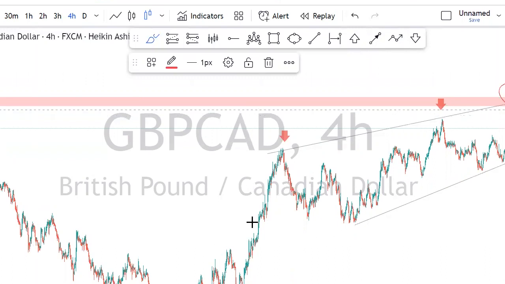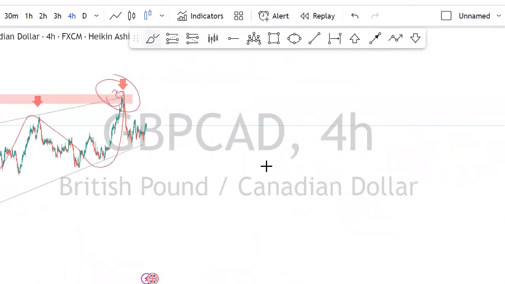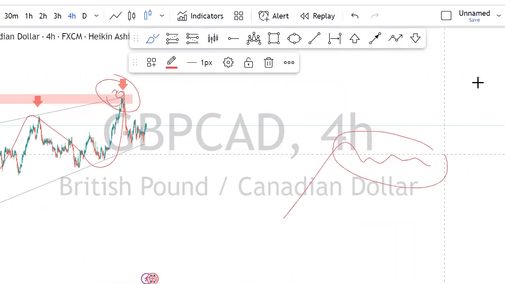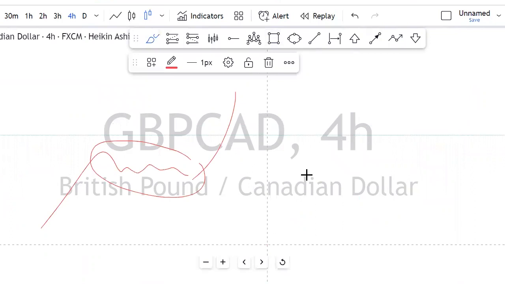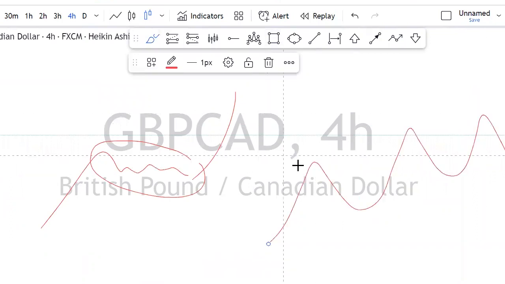It got there correctively. And remember, a correction in an uptrend is either a continuation or it shows a reversal of the price, right?